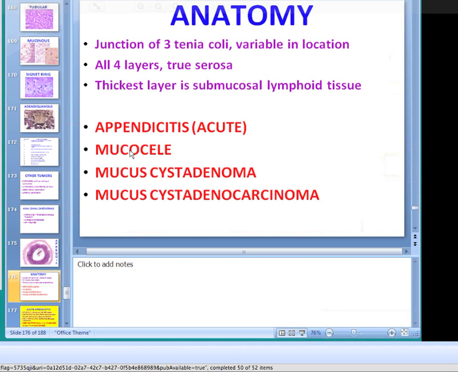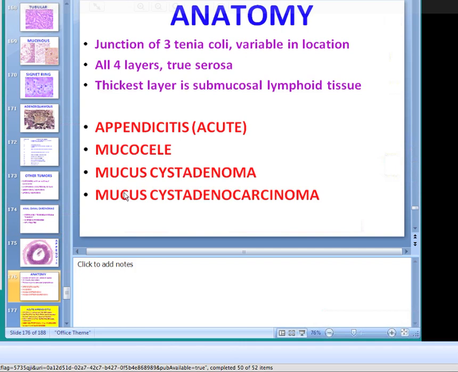The 4 diseases of the appendix are acute appendicitis. You all know that because everybody did the first slide in lab. You can have a collection of regular old mucus in the appendix called a mucocele. Most mucoceles of the body are in the appendix. I don't know why.